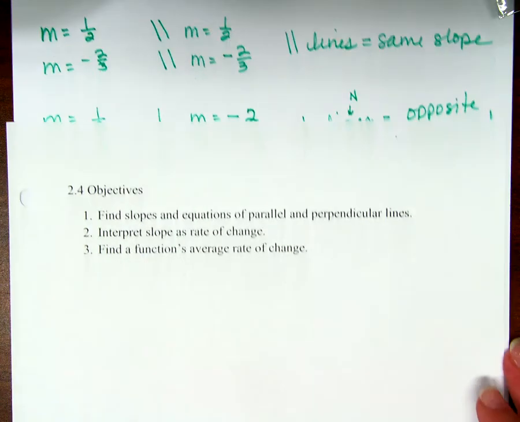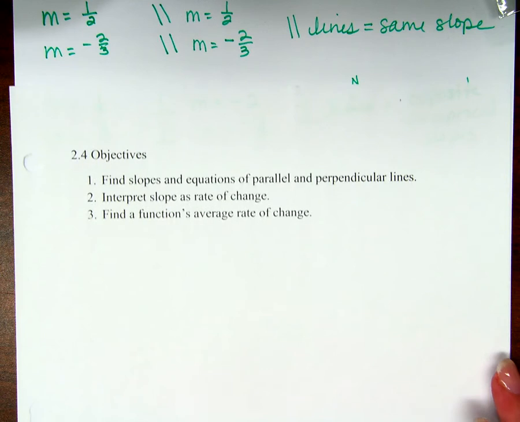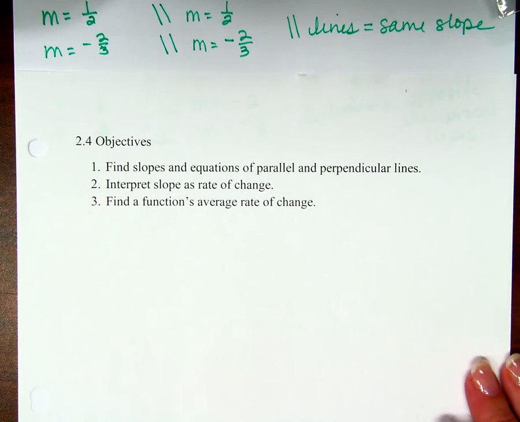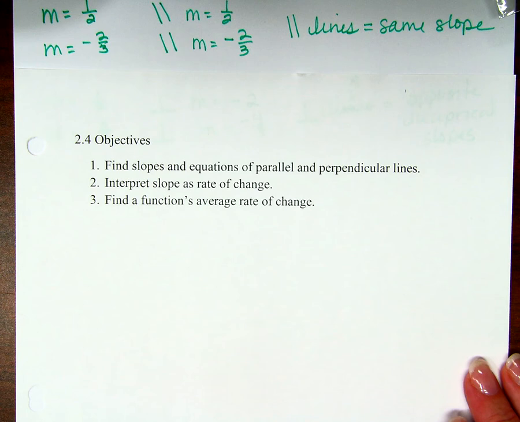So what about interpreting slope as a rate of change? What does that mean? You have to know that slope means rate of change. Okay? Most of the time when it says interpret, it's talking about a word problem, right? So if it tells you like times per month, which variable is x?